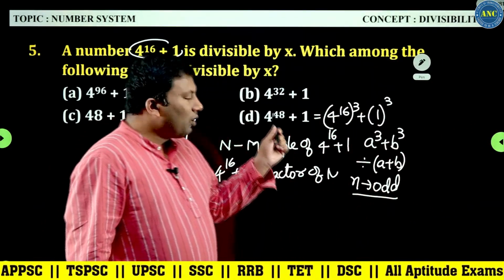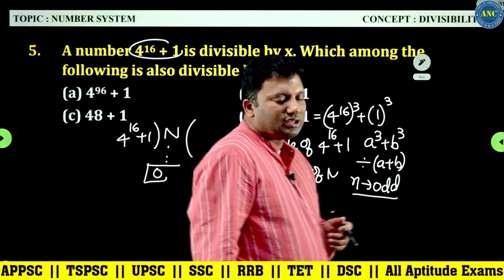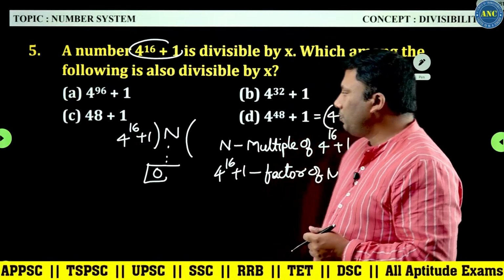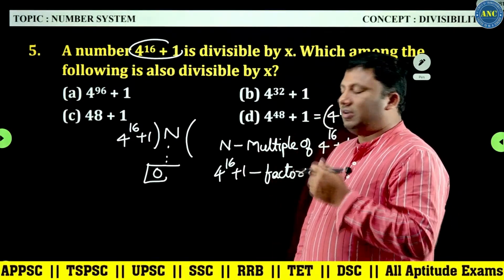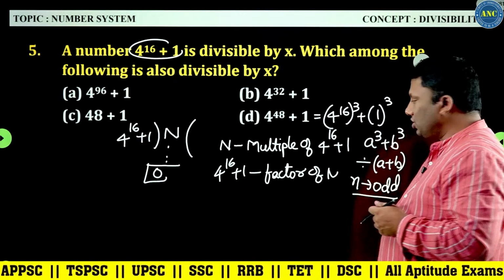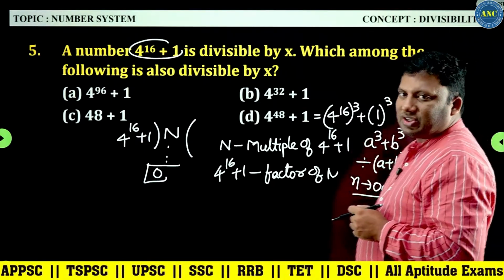That means 4 power 48 plus 1 can be written as 4 power 16 whole cube plus 1 cube. A cube plus B cube is always divisible by A plus B. So the answer for this question is that it is divisible by 4 power 16 plus 1.